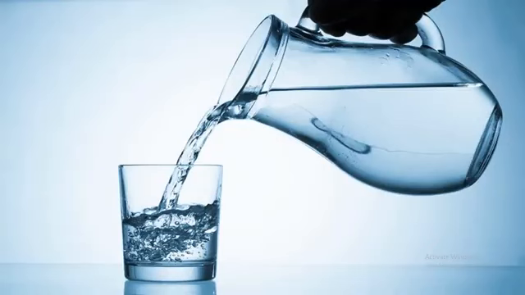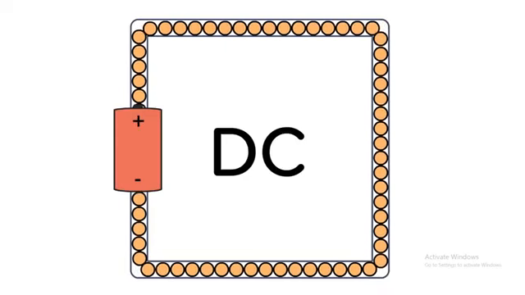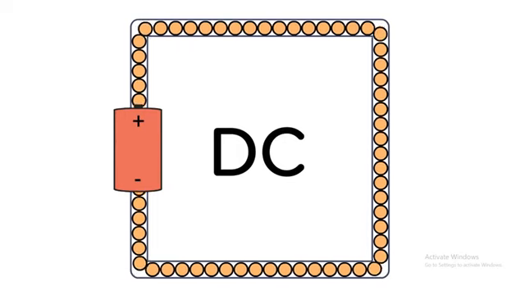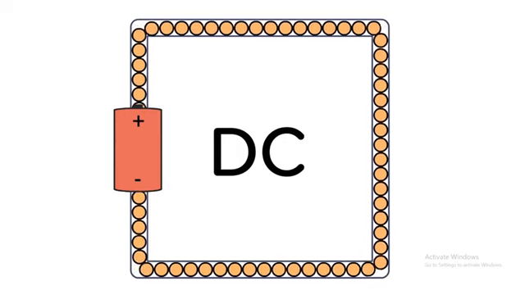Now we are also taking the water example for ampere. You can see here, friends, the water consists of small tiny particles, meaning small drops. The drops of the water at the end become a huge amount of water. Like this, the charges also consist of small tiny particles. That particle is called an electron.